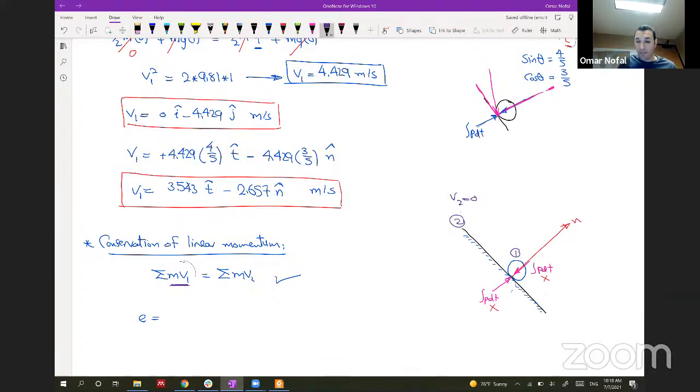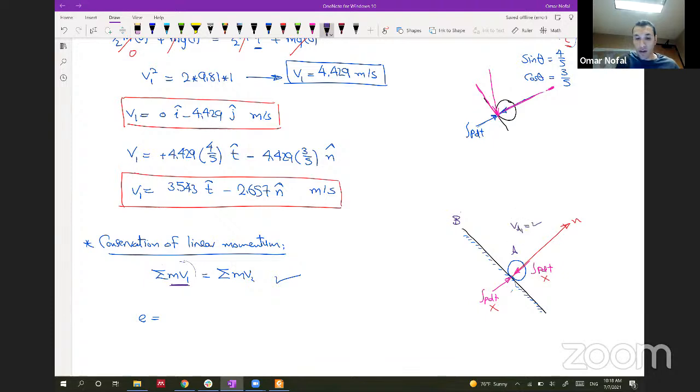But you know the V1 and V2 of this body. Let's make it clear here. If this surface is body B, and this body is body A, we know VA before the contact.